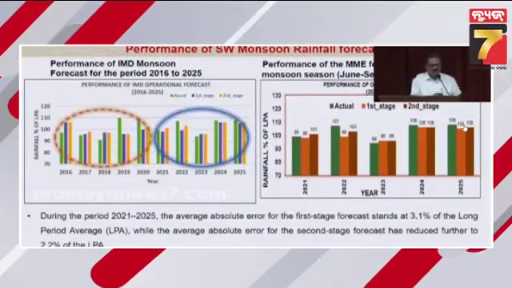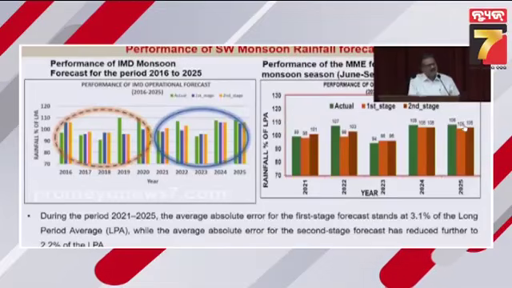So if you look at the forecast performance of this model, which we introduced in 2021, we have given here a comparison of 2016 to 2020 and 2021 to 2025, and also a comparison of the first stage forecast and the second stage forecast. I will first tell about the comparison between the previous 5 years and the recent 5 years.